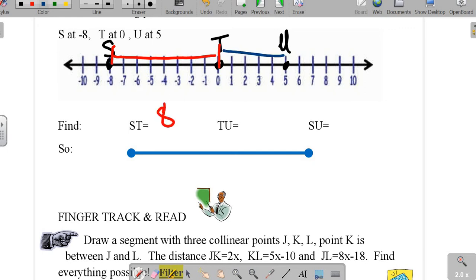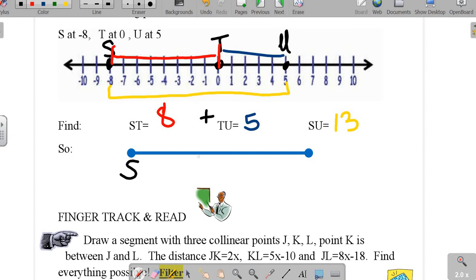T to U, trace it with me, it's 5 units. You have 5 seconds to write down S to U. It's 13 units. So this is a very simple concept.